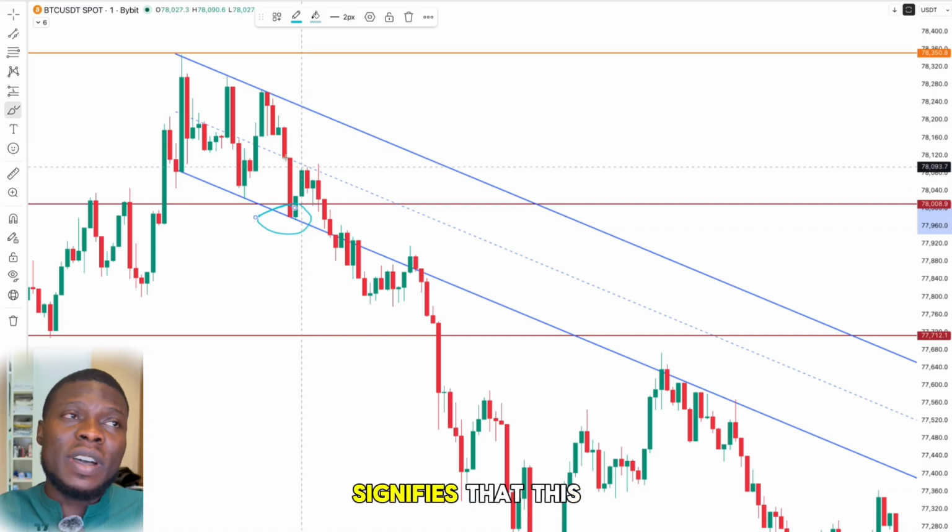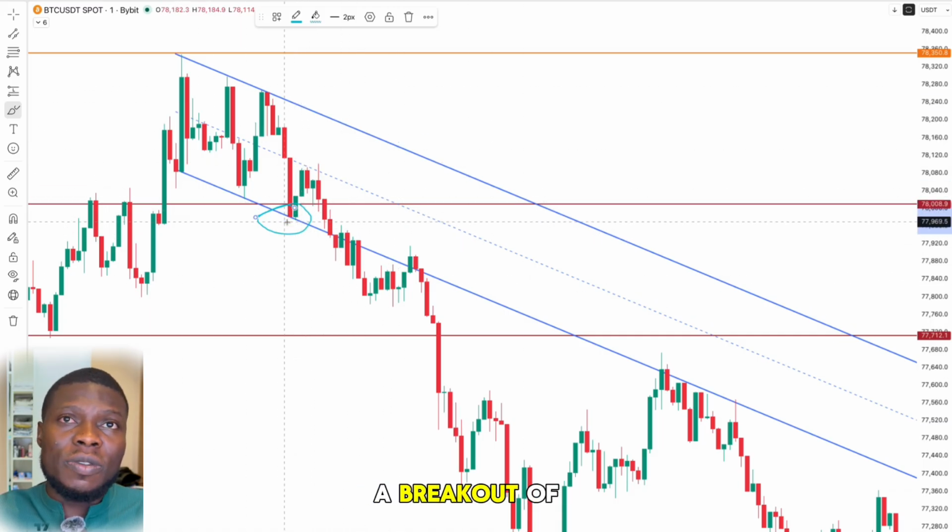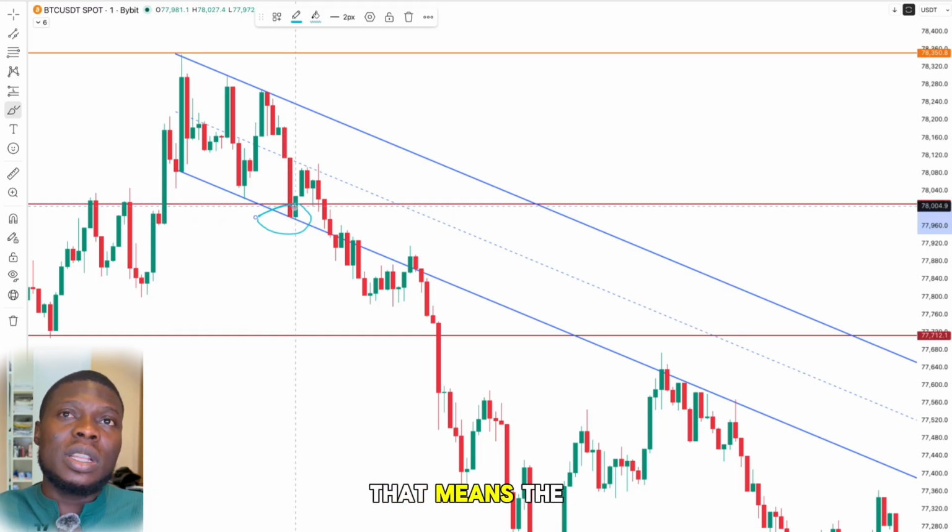So this signifies that this is like a downtrend moving down. So when there is a breakout of a downtrend and the immediate follow-up is a green candle, that means the time frame is good for you to monitor this particular chart.